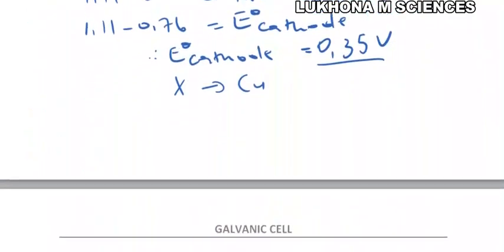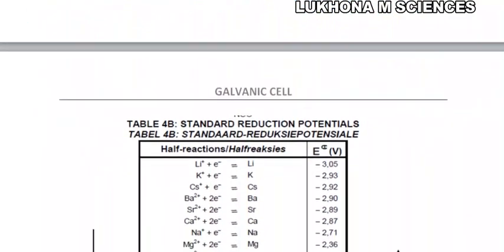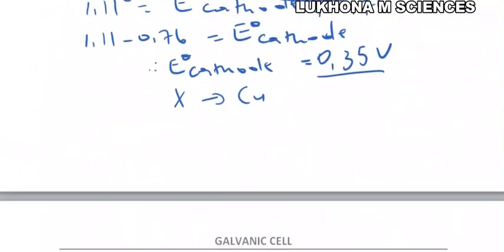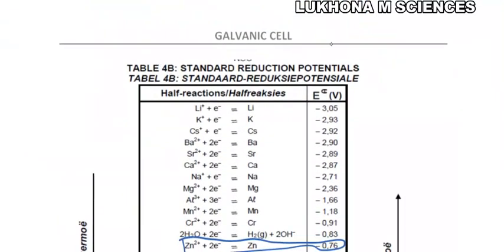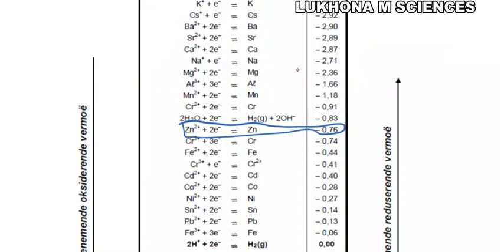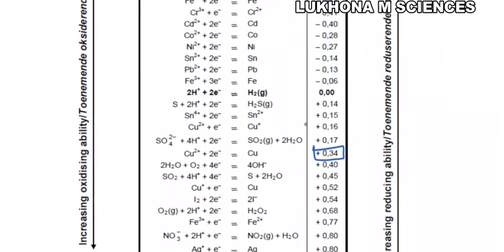We must go back to the table. This is the table. This is 4B. Then let's look for zinc. This is zinc. Then let's look for the copper. This is the copper.